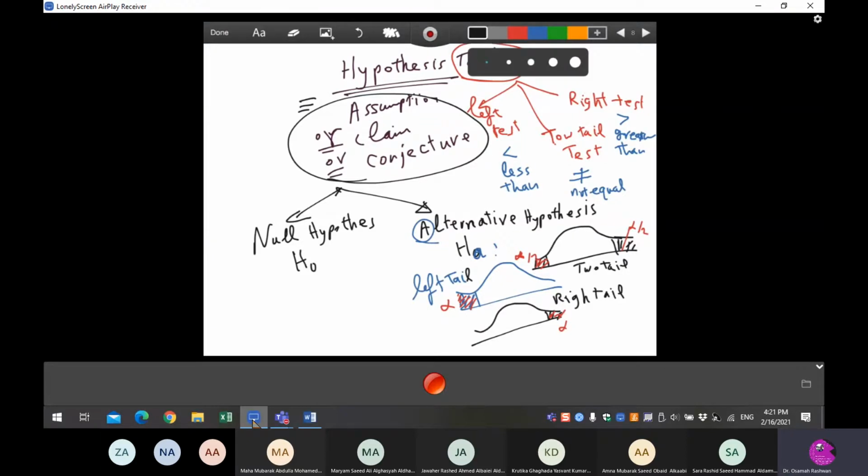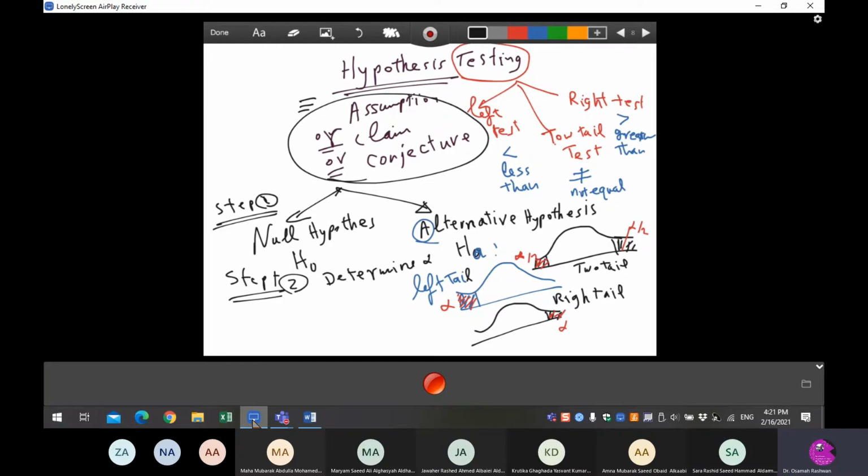I'll go for the steps now. Step 1, you write the hypothesis. Step 2, determine the level of significance, you find the alpha.